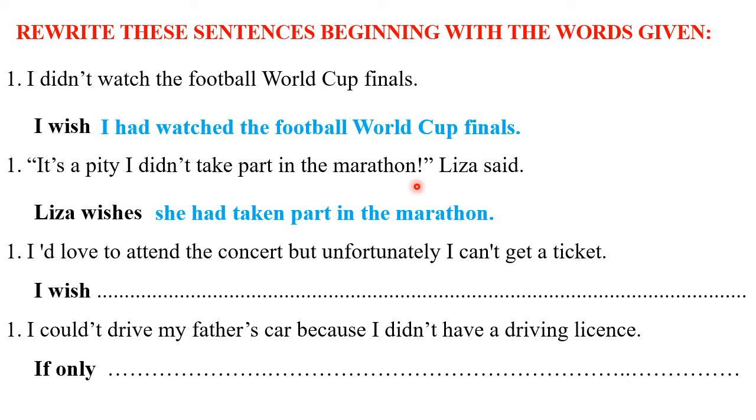And if you still remember, "I didn't take" is simple past, and when we report, we change simple past into past perfect. It's the same thing as in the past wish form. These are wishes: she had taken, past perfect.